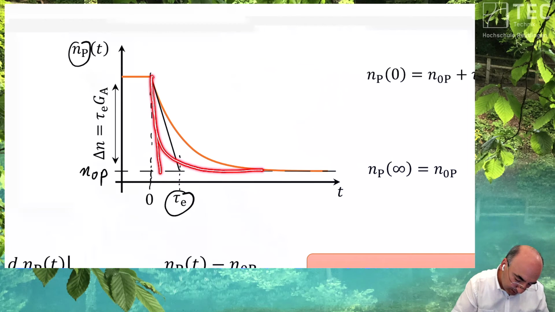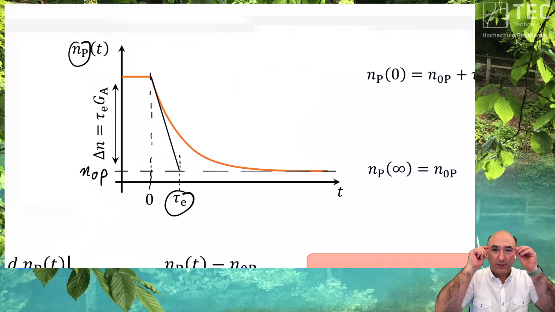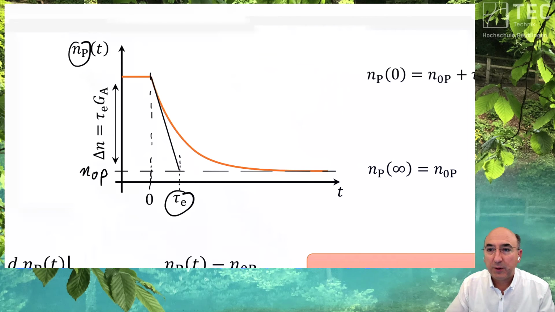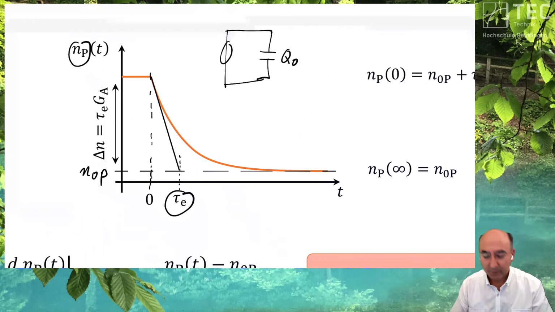So this tangent just talks about this relaxation time, like the discharge rate of a capacitor at a resistor. So if you place at a voltage source a capacitor, it's charged to Q0.